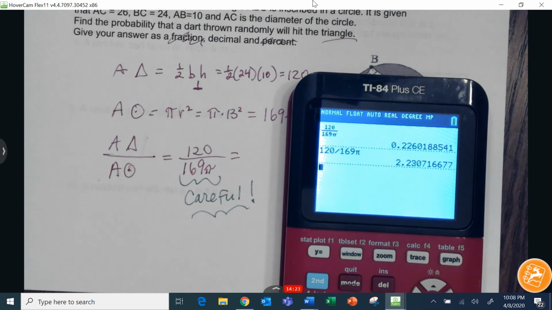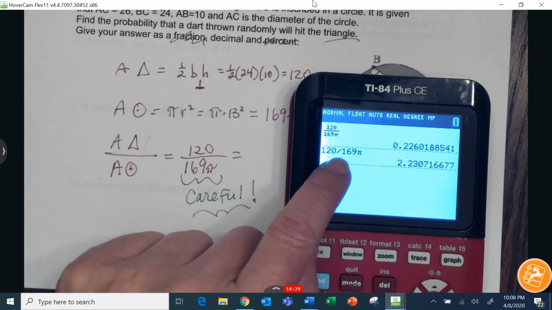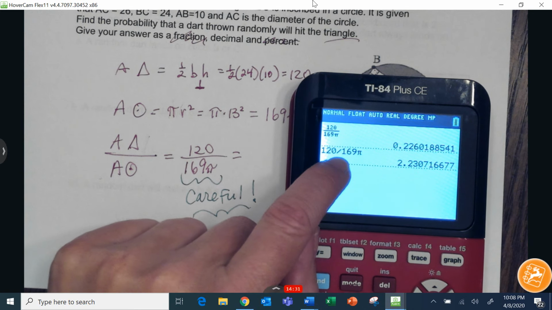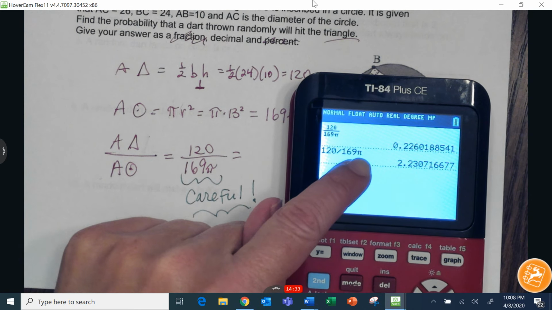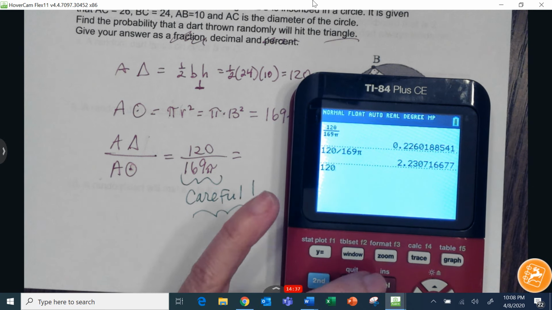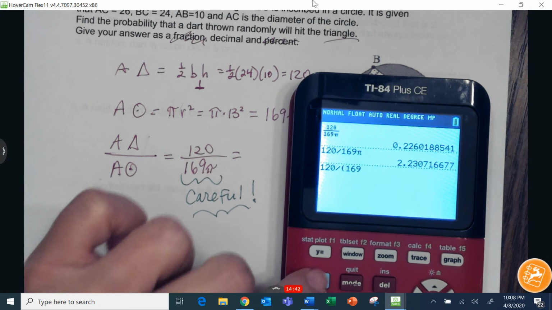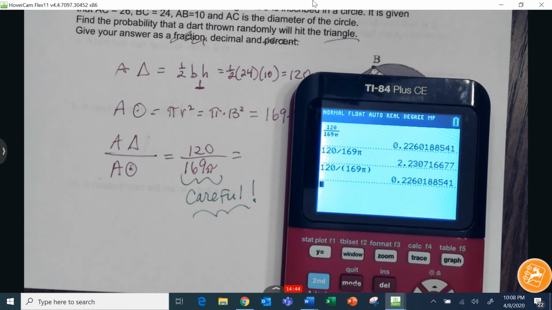Now what happens is when you divide 120 divided by 169 pi this way, it's not going to give you the same answer. And the reason is your calculator does order of operations, and it does 120 divided by 169, then it finds that answer and it multiplies it by pi. So if you want to type it in this way, you need to do 120 divided by parenthesis 169 pi, or you need to do 120 divided by 169 divided by pi.